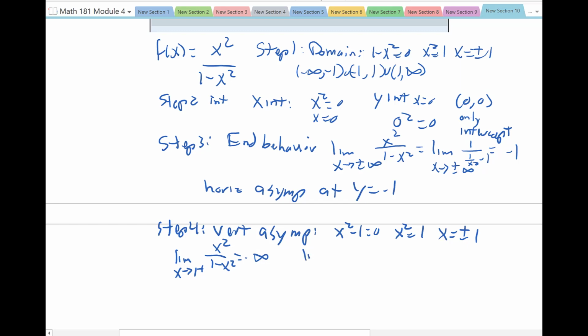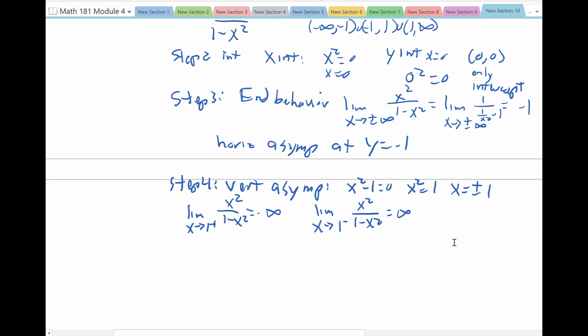We look at the limit as x approaches 1 from the left side of x squared over 1 minus x squared, and that's going to be positive infinity. We look at the limit as x approaches negative 1 from the right side of x squared over 1 minus x squared.